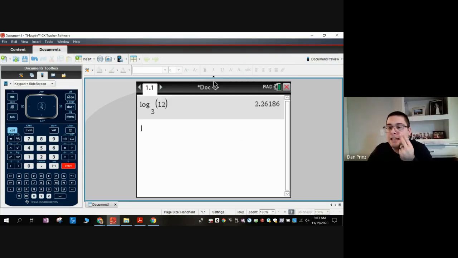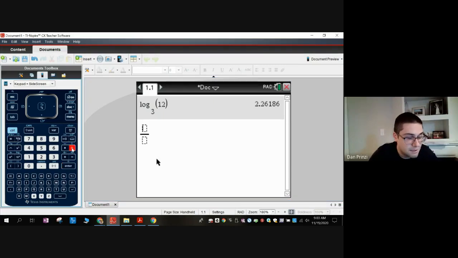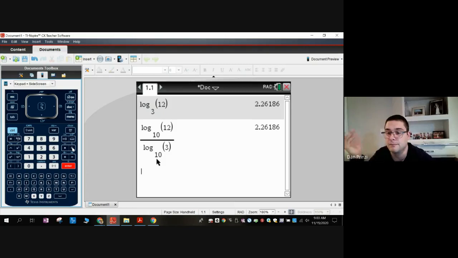But if your calculator only did base 10, here's how you would type it in. It's very easy. You would type in log 12 on top divided by log 3. And that's how I would have done it back in my day, when I only had a calculator that was set to base 10.